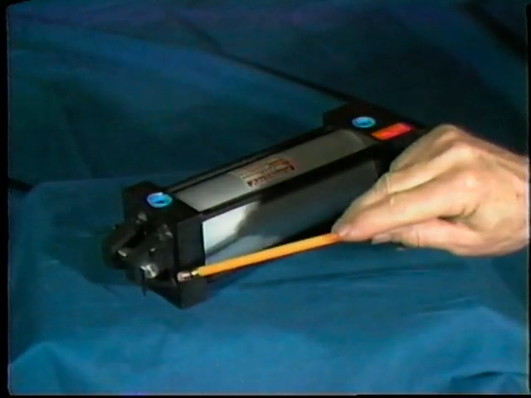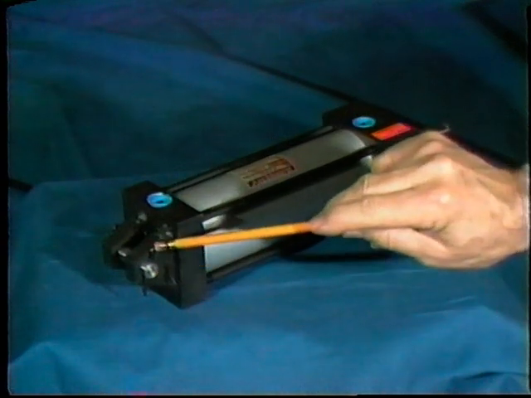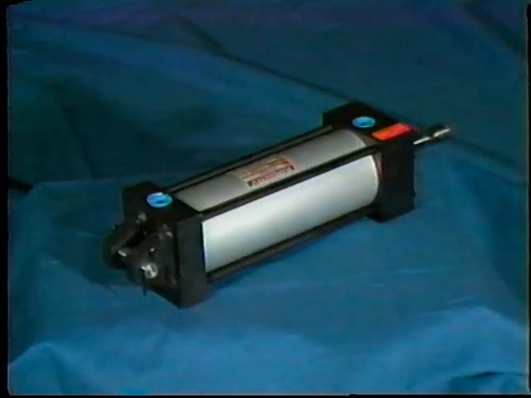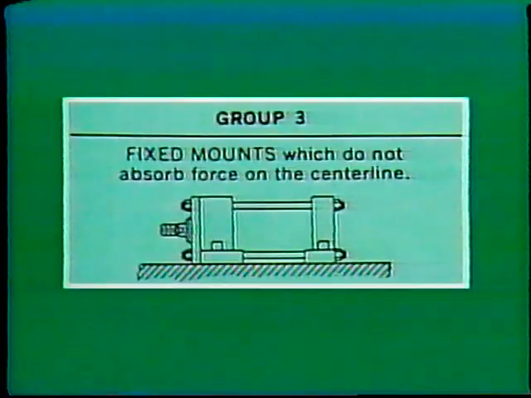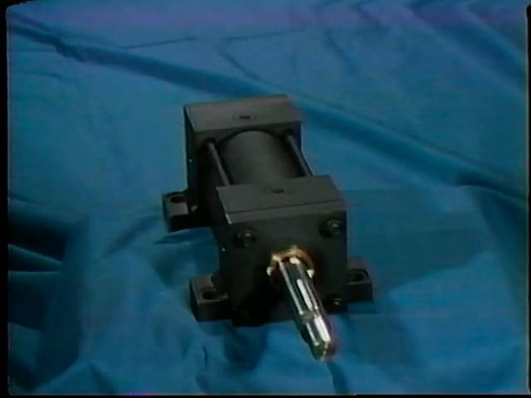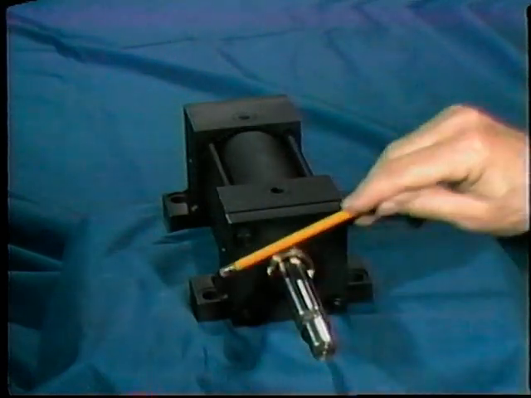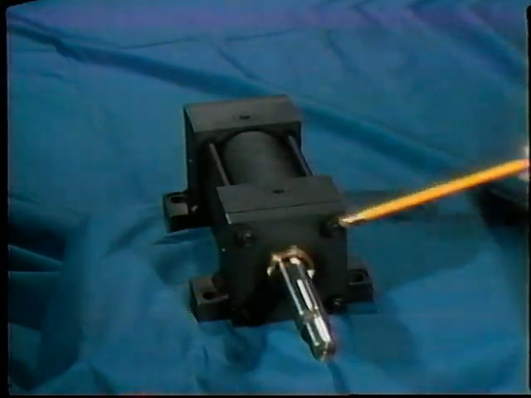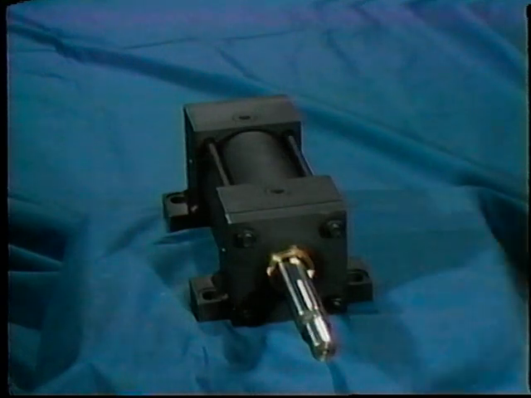This cylinder, which has a fixed clevis on the cap end, is typical of Group 2 units. And finally, Group 3, which contains cylinders that have fixed mounts, but which do not absorb force on the center line of the cylinder. The side lugs on this cylinder provide a fixed mount, but the force on them is not along the center line of the cylinder, so it would fall into Group 3.